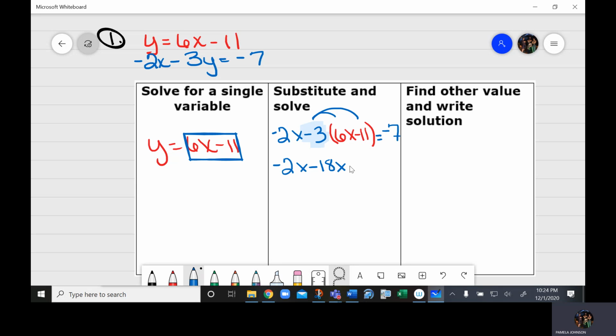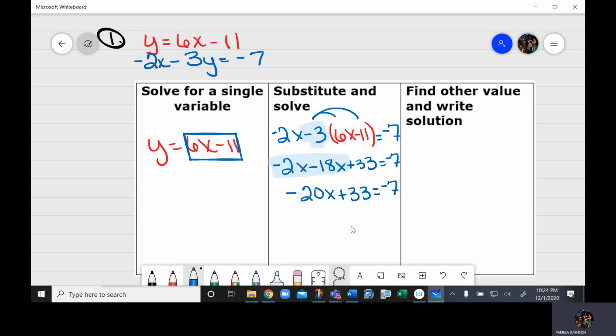Negative 3 times negative 11 gives us a positive 33, and then equals negative 7. Then we have some like terms here. We can add these two like terms together. So negative 2x minus 18x is going to give us a negative 20x. Then we're just going to bring everything else down. So plus 33 equals negative 7.